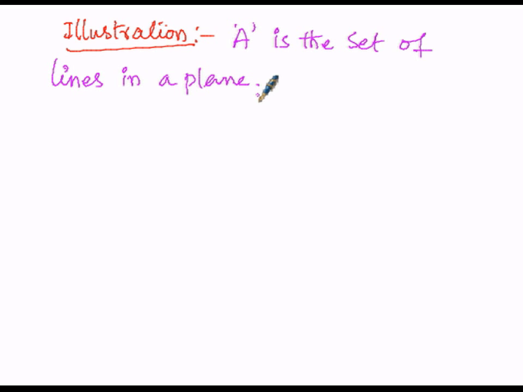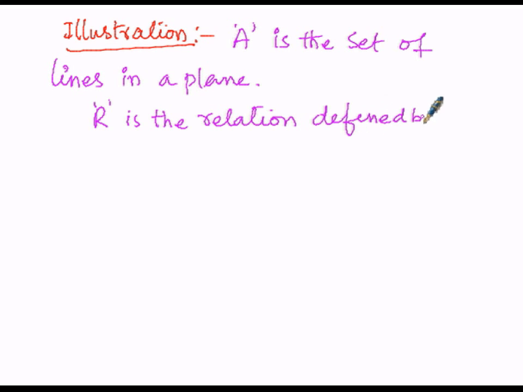Here the relation R has the property of being parallel. So R is a relation defined by "is parallel to".